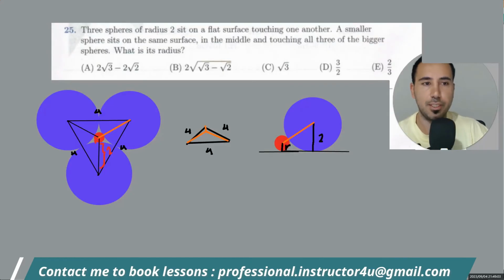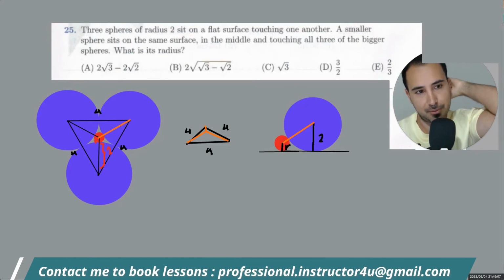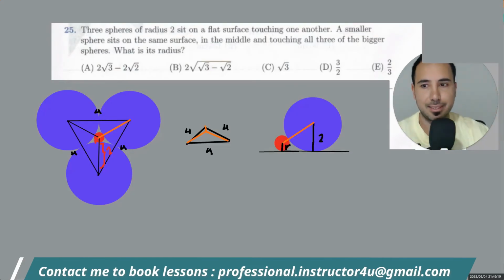When you see it from the top view, you will see a triangle like this. Now how large is this orange one? You will see that this part is 2. So the orange one will be 2 plus R, where R is the red circle's radius. I'm going to write here in orange: 2 plus R.